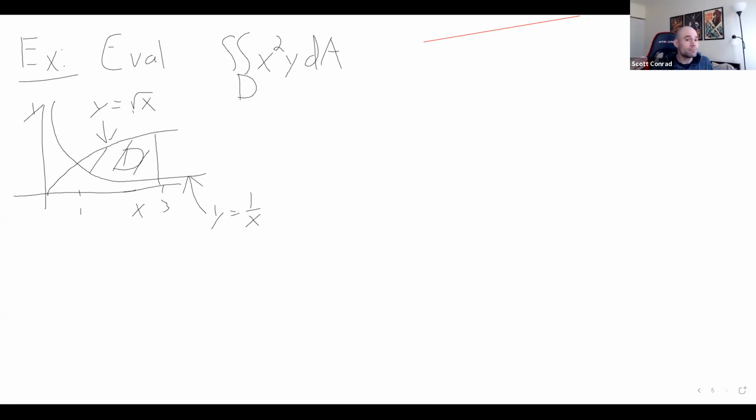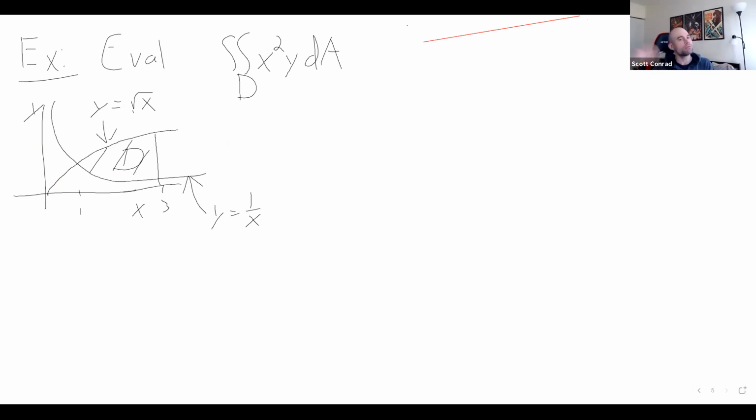It's not horizontally simple, though, because doing the same thing here, y equals root x is the left curve, and x equals 3 is the right curve. But down here, y equals 1 over x is the left curve, and x equals 3 is the right curve. So it fails the horizontal line test. So it's not horizontally simple.